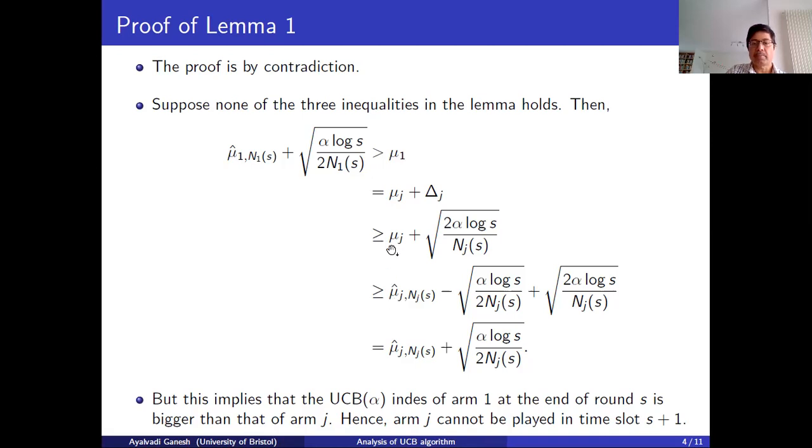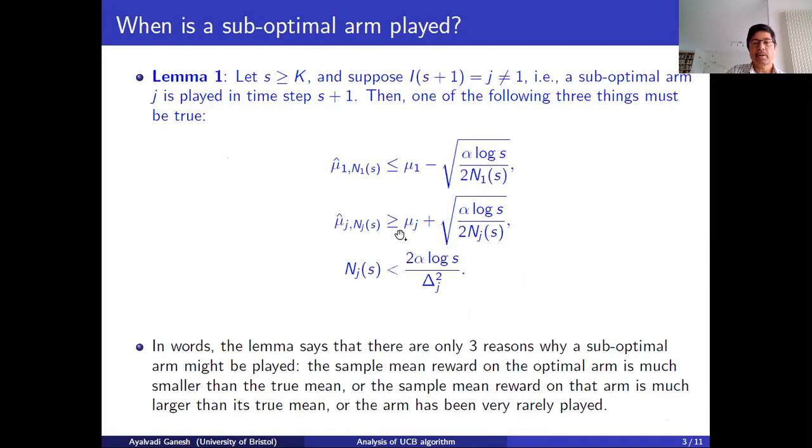So if that is violated, that says that the sample mean on arm J is not bigger. Okay, so let's go up to the inequality here.